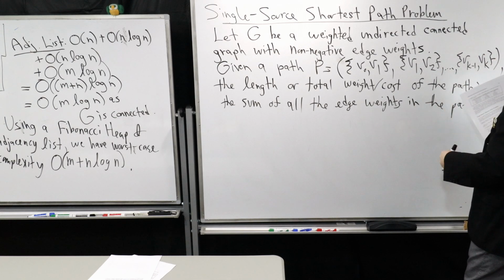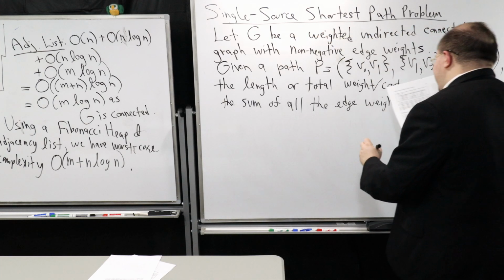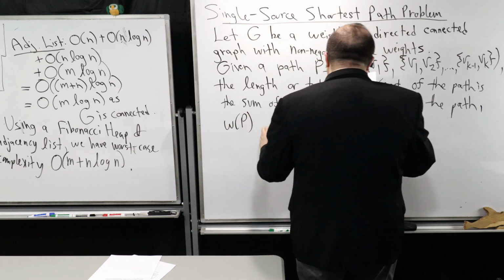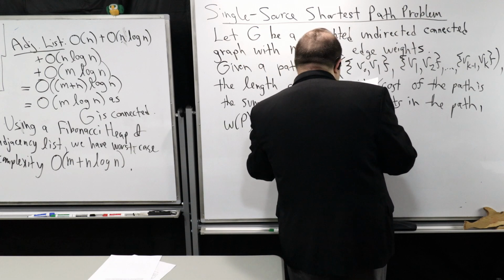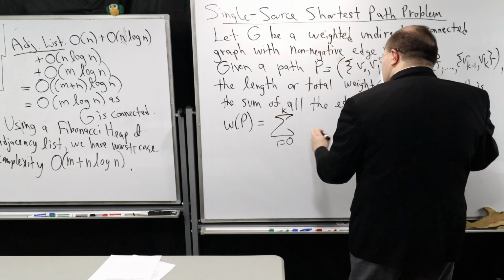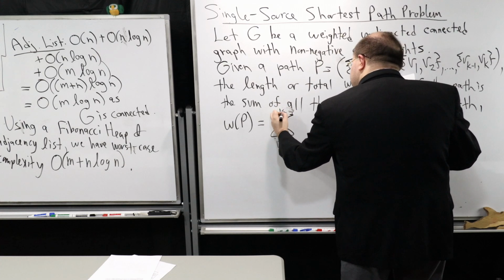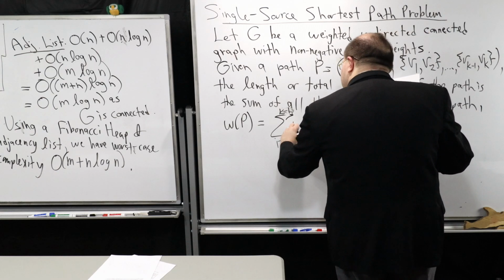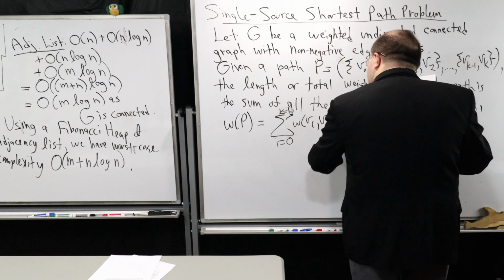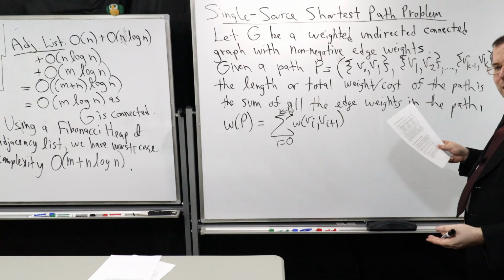Sometimes it'll be helpful for me to note this as W of P. So let me just write out what that is. So W of P is going to be equal to the sum from i equals 0 to k minus 1 of the weight of V_i, V_i plus 1. So I'm just going through each one of the edges, getting its weight, and adding them up. That's all it is.